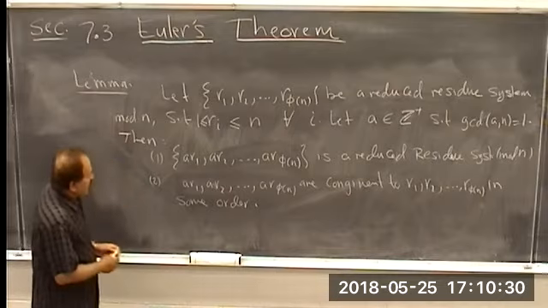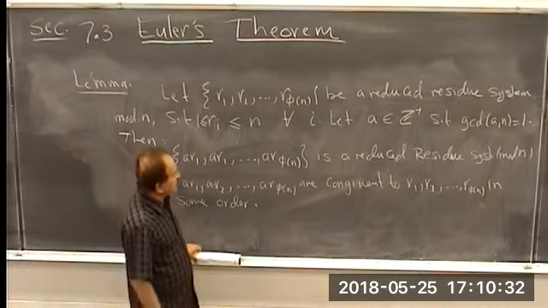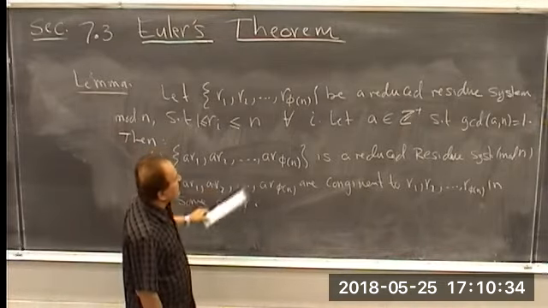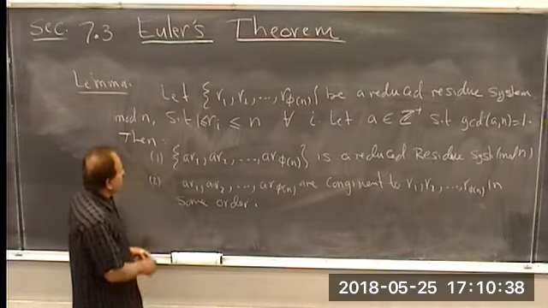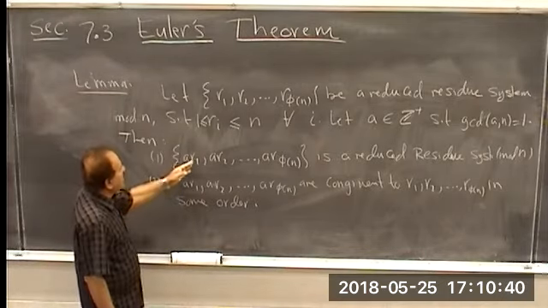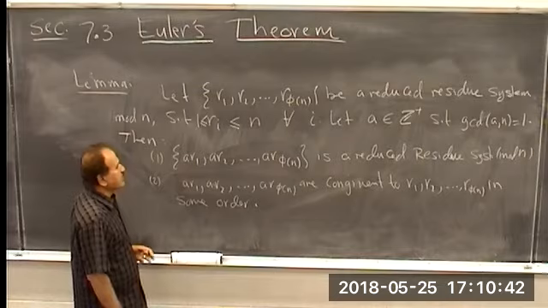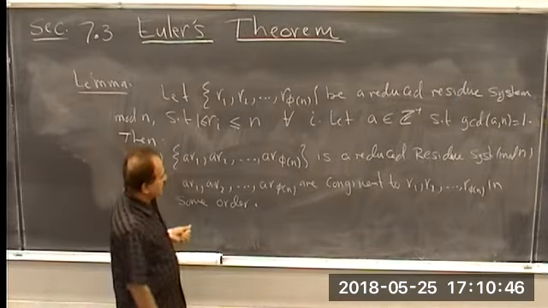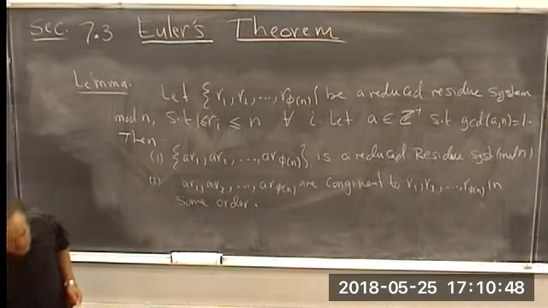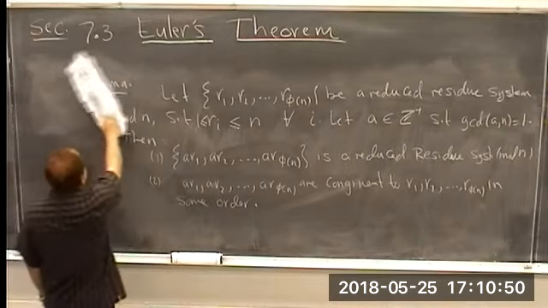All right. So the proof of this, first of all, in order to show that this one is a reduced residue system, we need to show that this a Ri is relatively prime to n, and also these are not congruent among themselves. All right? This is the first part. So let's go ahead and do that.